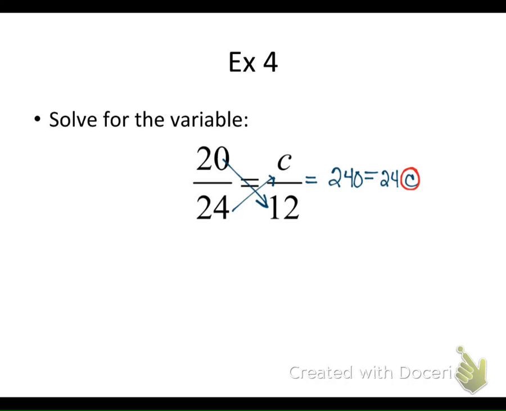And then, all right, from here, Brendan. What? Wait, huh? How'd you get that? What'd you do? There we go. So divide each side by 24 to get the variable c by itself. Then c equals, again, 10. So if I would substitute the number 10 for the variable c and cross multiply, these ratios would end up being proportional. They would be equal. Yes? So we gotta substitute it.